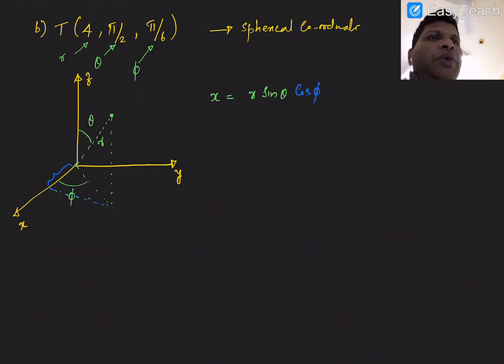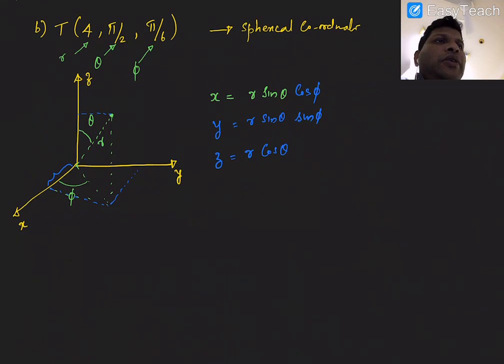So x is r sine theta cos phi. Next, the value of y is r sine theta, that means you are projecting on the xy plane, then you project on the y-axis, that means into sine phi. And what will be z? Just project this on the z-axis, that means z is r cosine theta. I hope it is clear.